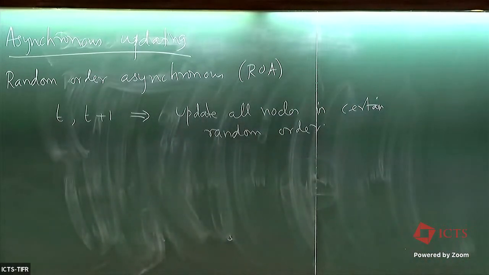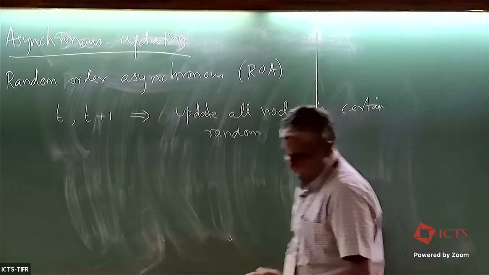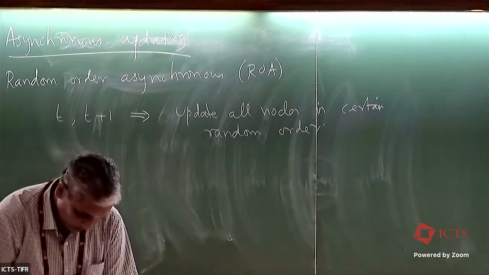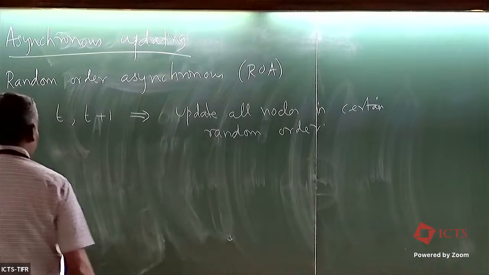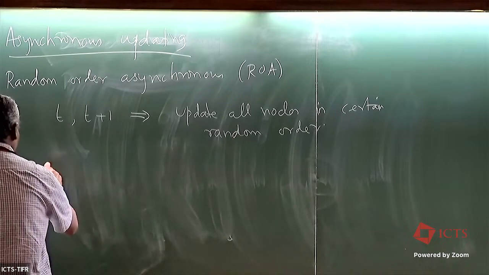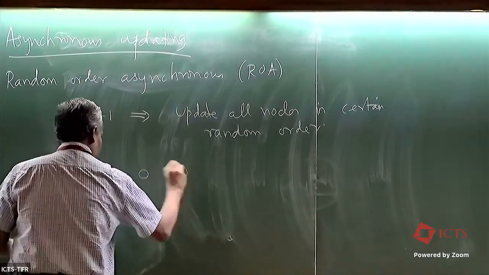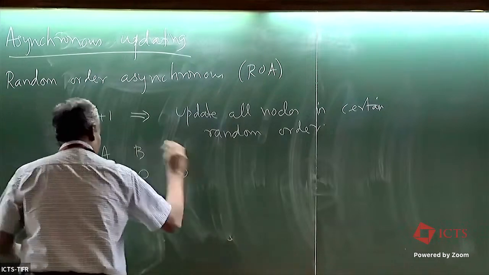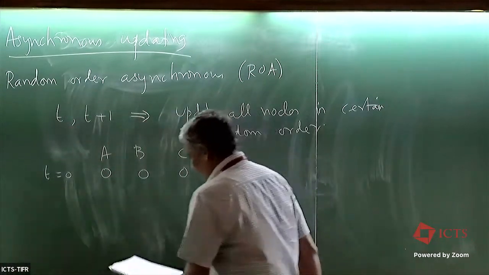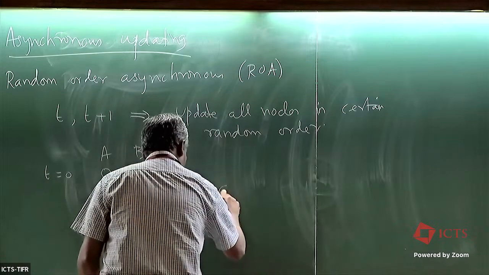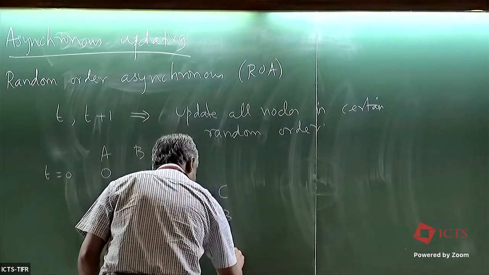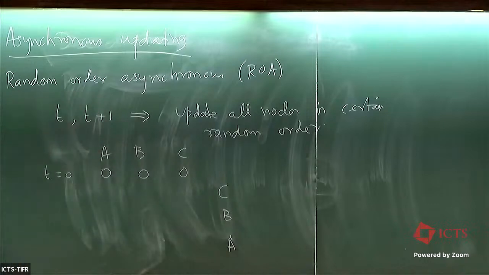So now, depending upon the order in which the updating is done, the transitions could actually be different. Let's look at how this is different. If I now take the same 3-node network at time t equal to 0, I start with a 0, 0, 0 state, and now I'm going to update C first, then B, and then I'm going to update A thereafter.